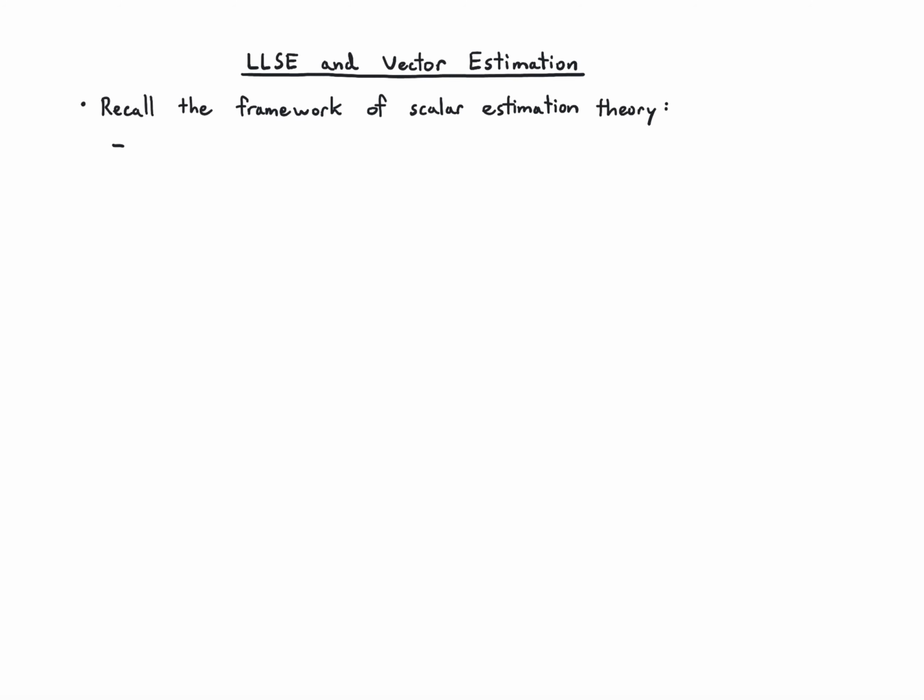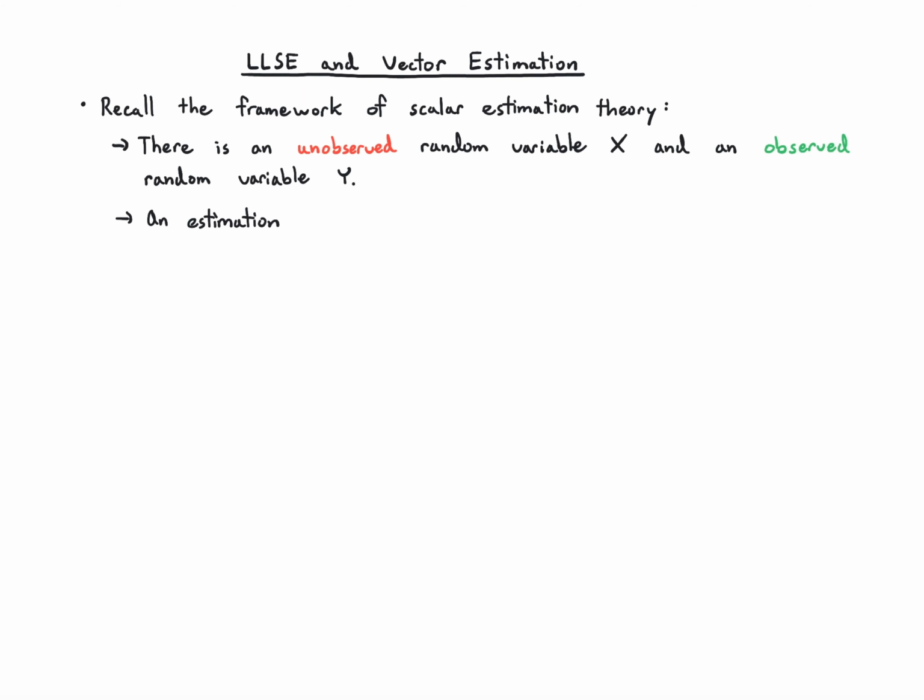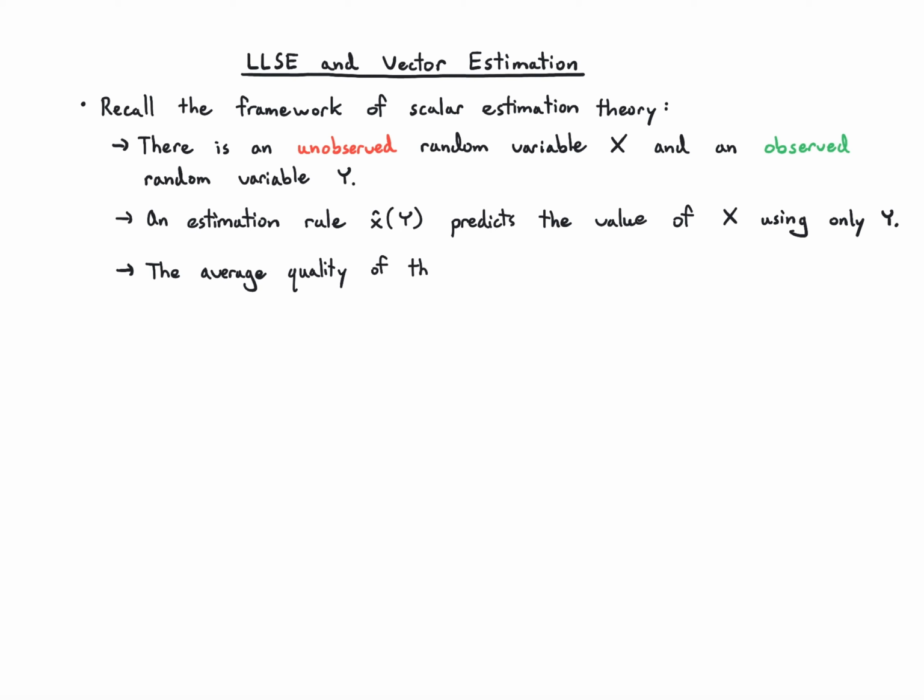All right, so remember we introduced this framework for scalar estimation theory in the previous video. Just to review, there's an unobserved random variable that we were calling x and an observed random variable, which we were calling y. Our job was to come up with an estimation rule, x hat of y. This is a function that takes in y and predicts the value of x using only y. In this chapter, we're interested in measuring the quality of prediction using mean squared error.